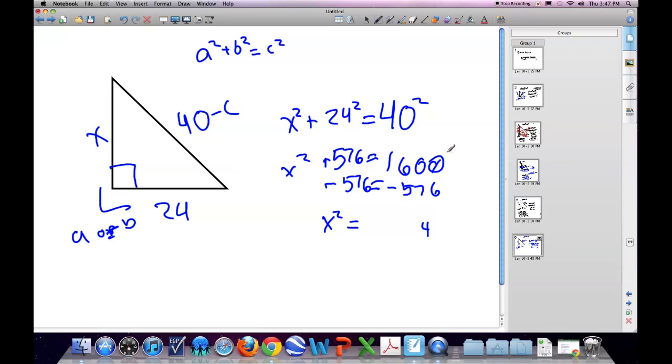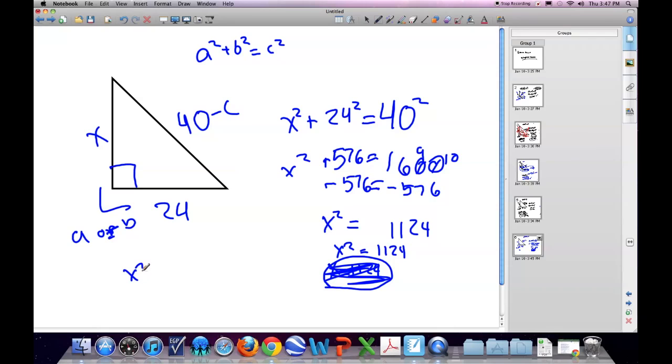So let's make this 10, 9. That's 2, 1, and 1. And x equals 1,124. Oh, I'm sorry. X squared equals 124.